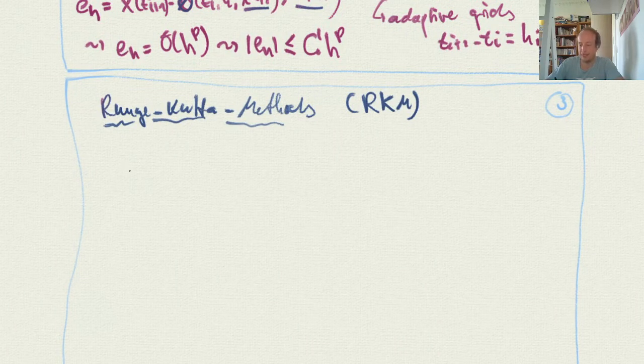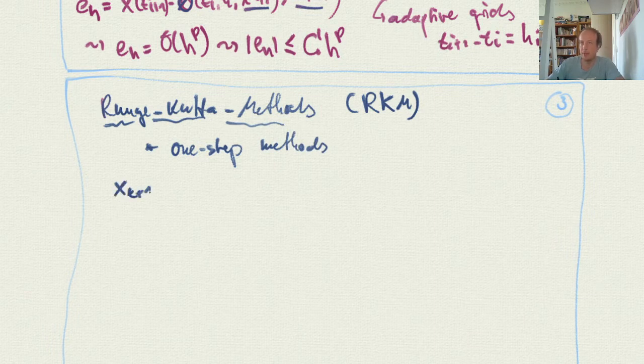They are one-step methods, defined like x_{i+1} is x_i plus h times the sum over j from 1 to s of beta_j times xi_j dot.